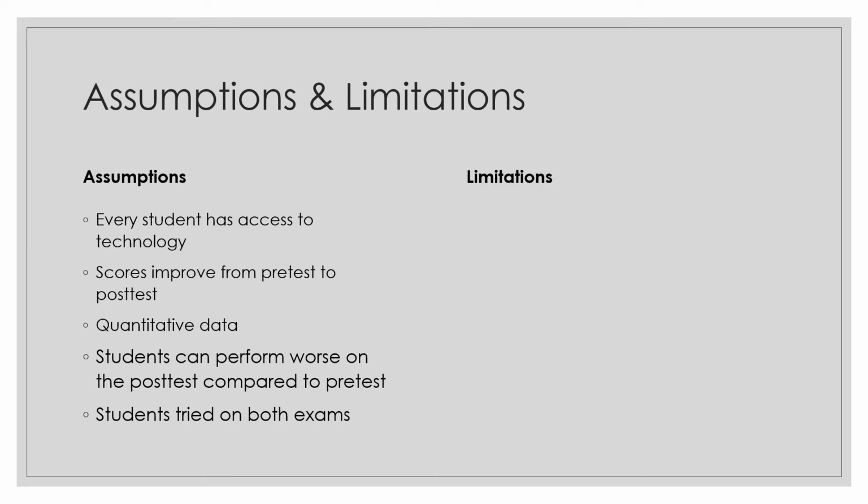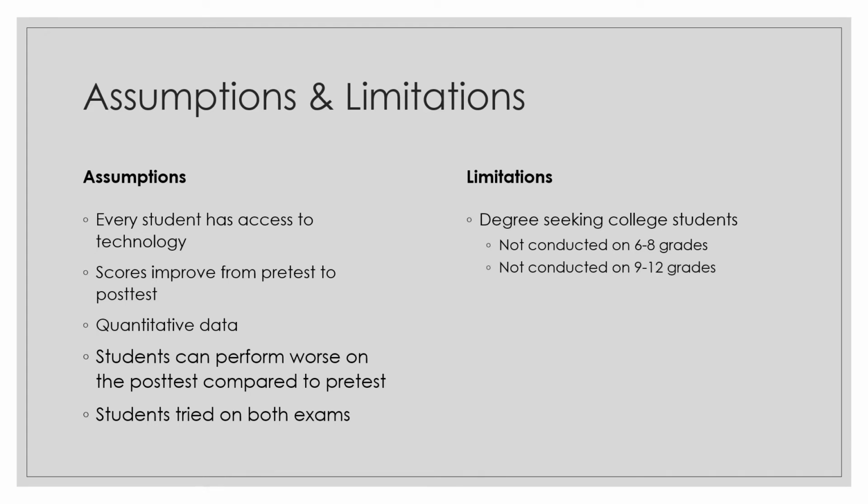The limitations. These students are degree-seeking college students. We did not contribute any research to 6th through 8th graders or 9th through 12th, so middle schoolers or high schoolers. And then not many research studies check the validity of a course. They check different socioeconomic status, different variables, and this is one of the initial researches that shows the validity of this course that's influenced.